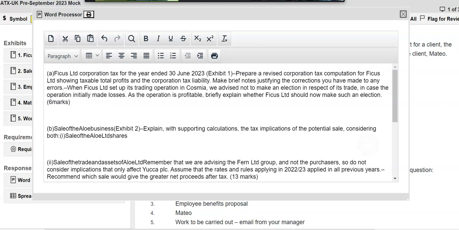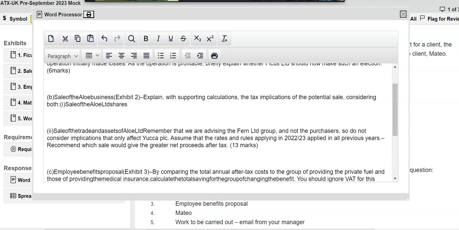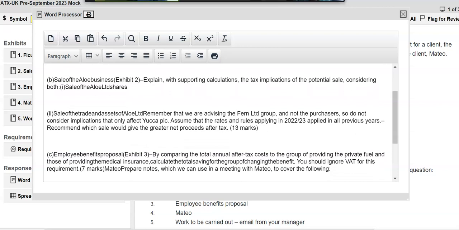Then the part B1. Here it says that you have to deal with the sale of shares, supporting calculation and tax implication of the potential sale, considering both the sale of LOA Limited shares, that's from aloe vera, or the sale of trade and assets.